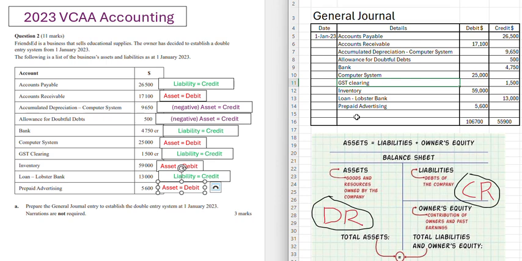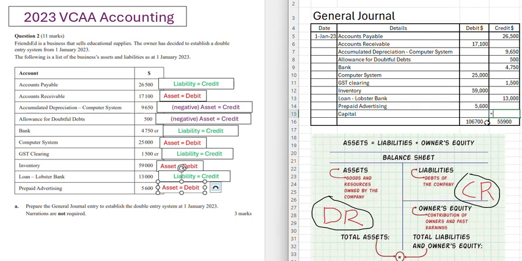And we've got to work with the accounting equation here, A equals L plus OE. We've got our assets, including our negative ones. We've got our liabilities. So now we need to work out our capital. Capital is the missing figure. So what I can do here is simply add up all our debits, which equals 106.7K, and subtract our credits and we'll end up with our capital balance.